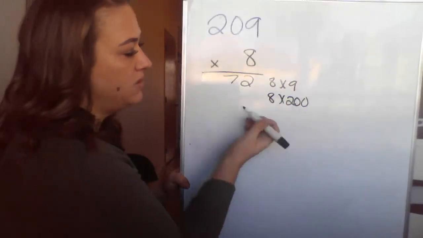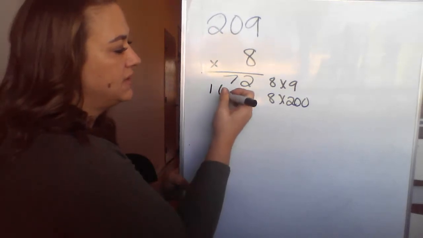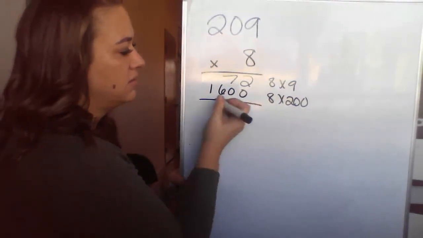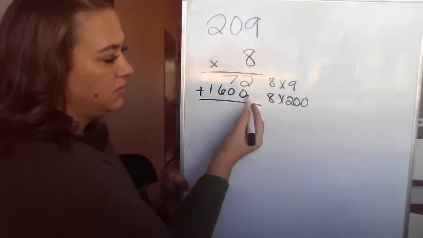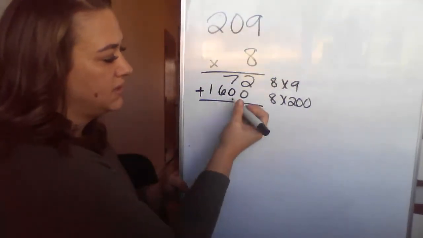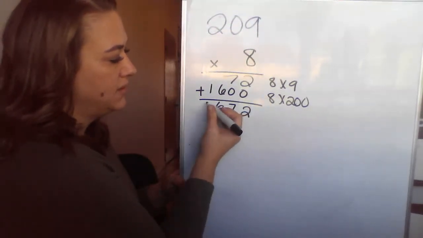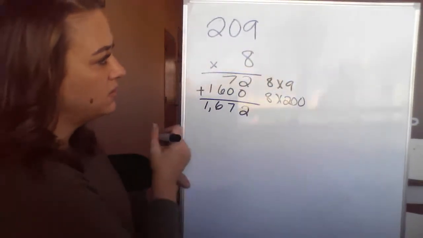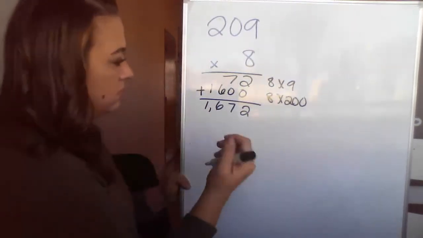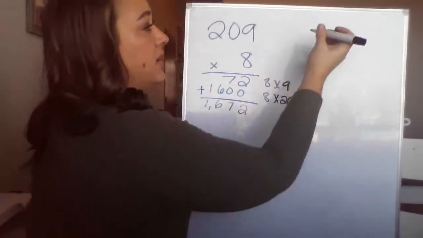So 8 times 200 is going to give us 1,600. 2, 7, 6, and 1. So 1,672. All right, let's do our standard algorithm.